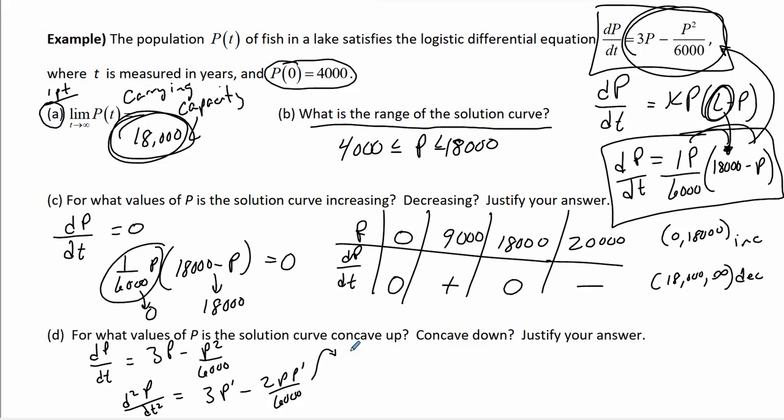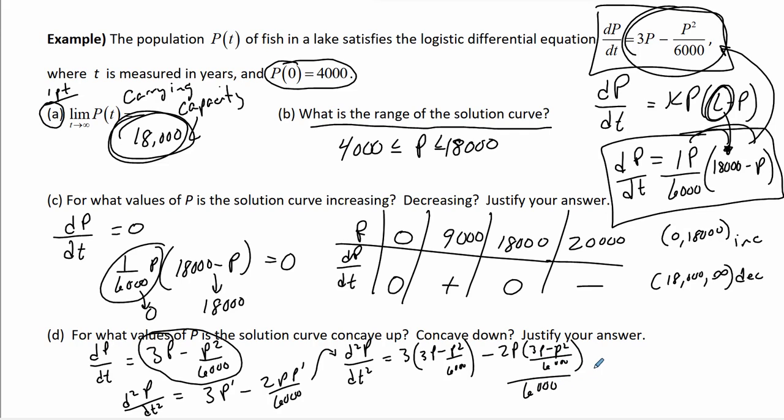Therefore, the second derivative, d squared P over dt squared, equals, I have to plug in P prime, which is right here. So I get 3 times (3P minus P squared) over 6,000, minus 2P times (3P minus P squared) over 6,000, and all of this is over another 6,000.